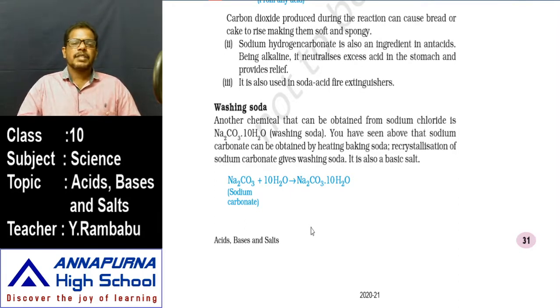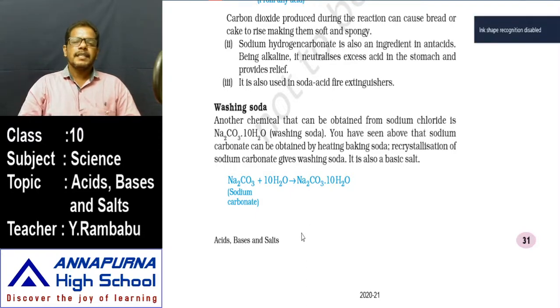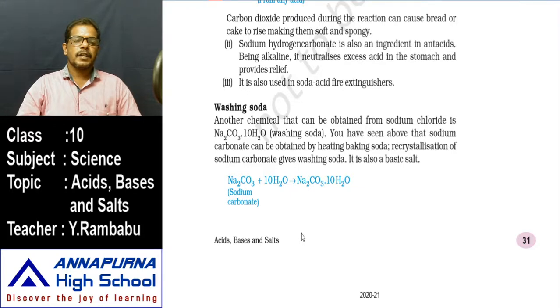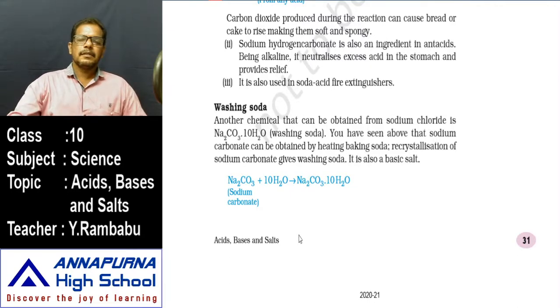About this water of crystallization, and why this 10H2O is placed along with Na2CO3, we will learn in the next class. About this 10H2O we will learn in the next session, the process of water of crystallization. And how is this sodium carbonate produced?